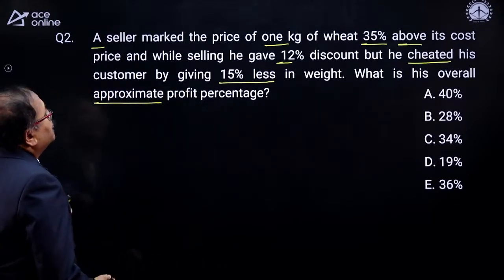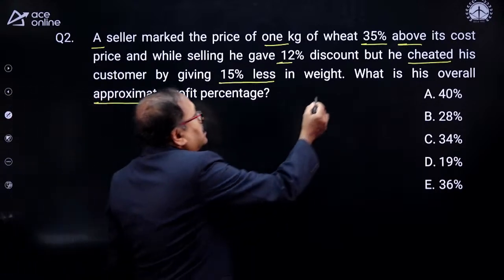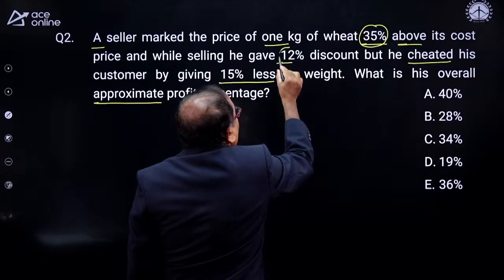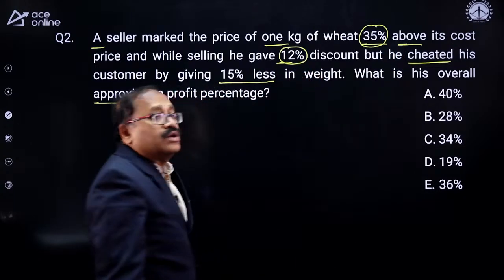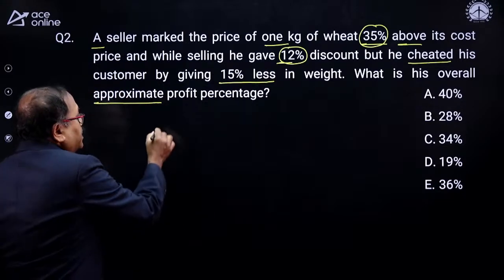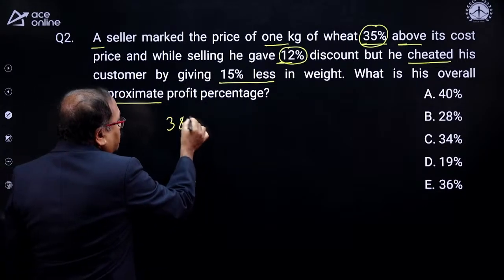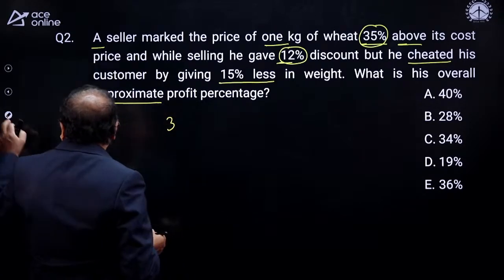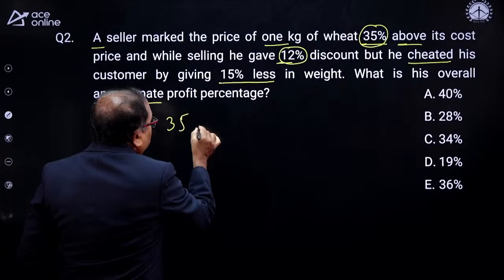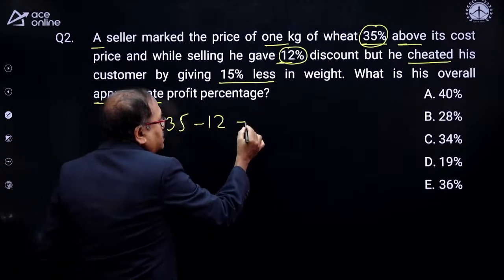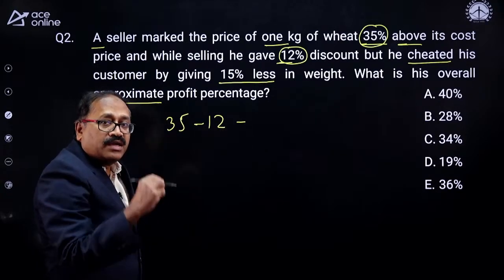So how do we do it? The very first thing is, it is increased by 35% and then again 12% discount is given to us. So what is the profit here? The profit will be 35 minus 12, that's the discount, and minus 35 into 12 by 100.